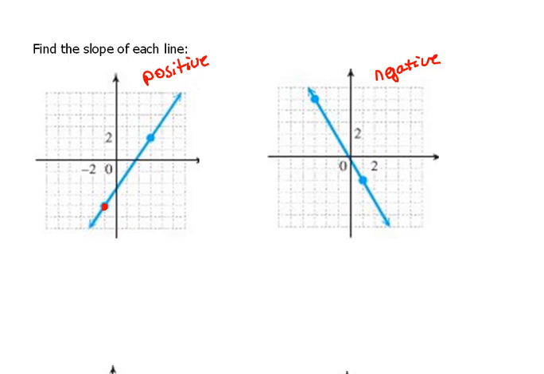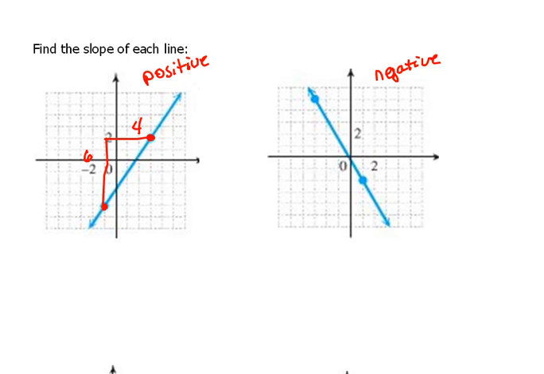Okay, so they've given us a couple of points that we can use, just so that they identify a couple to make it easier for us. If I'm going to move from the left to the right, I'm going to go from this point to this point. So in order to get there, I would have to rise 1, 2, 3, 4, 5, 6 units, and I would have to run 1, 2, 3, 4 units.